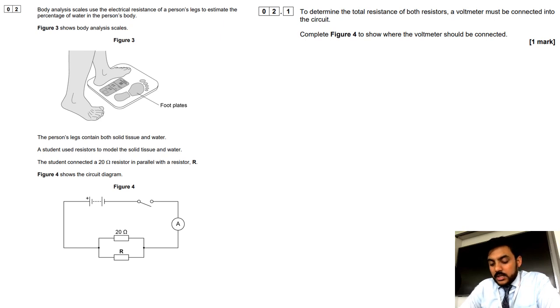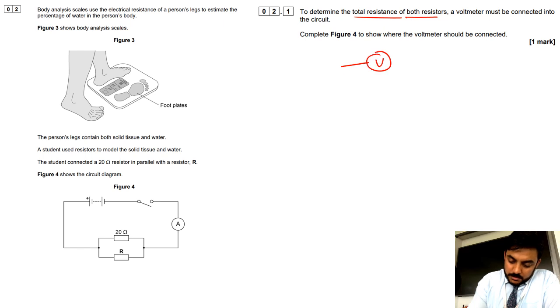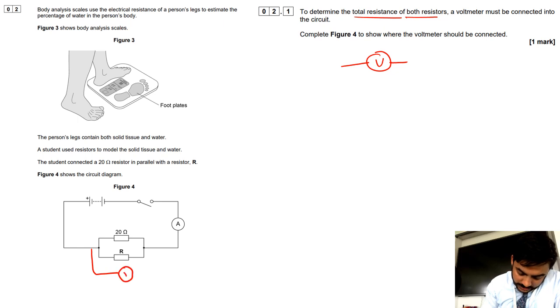Complete figure 4, show where the voltmeter should be connected, and it needs to show the total resistance of both resistors. Remember, this is a symbol for a voltmeter, and it can be placed right here where it is across both resistors, or right here where it's also across both resistors.